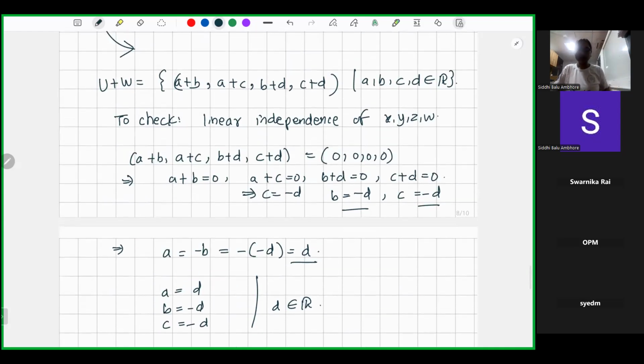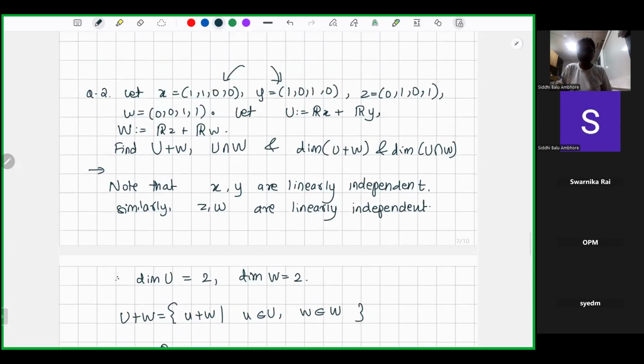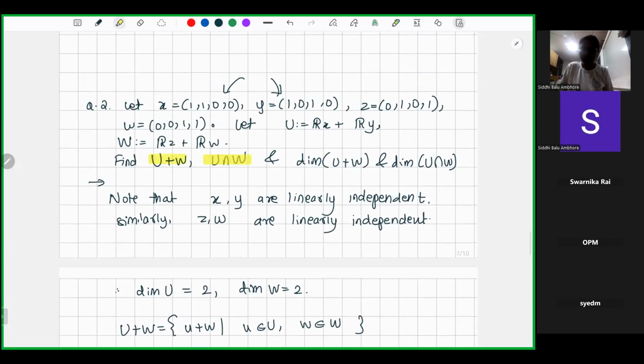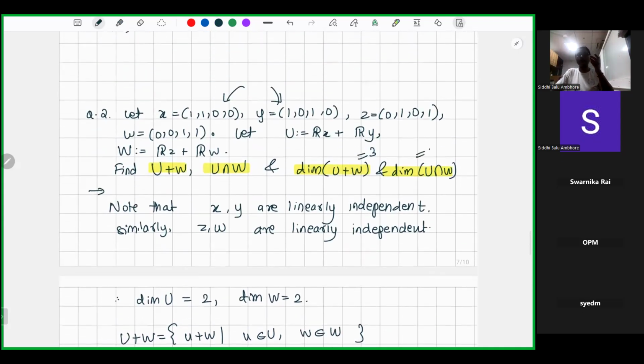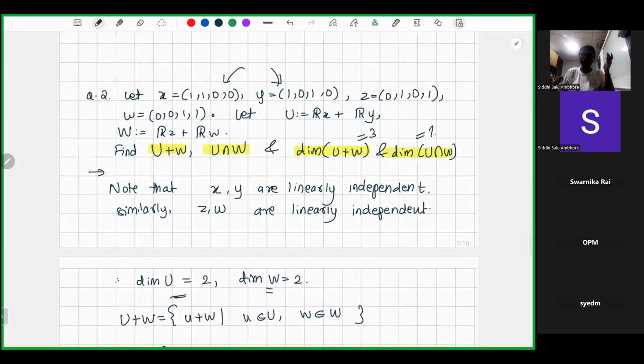Why are we doing this? Because we are explicitly asked to calculate this vector space U plus W. If we were asked to calculate only the dimension, then we are already done. We already got that the dimension of U plus W is 3. Using the dimension formula, we can directly conclude the dimension of the intersection will be 1, because the dimensions of U and W are 2.